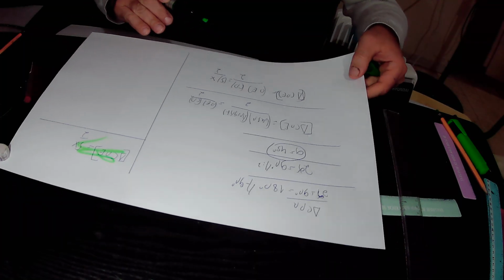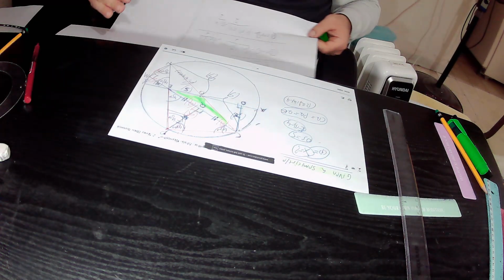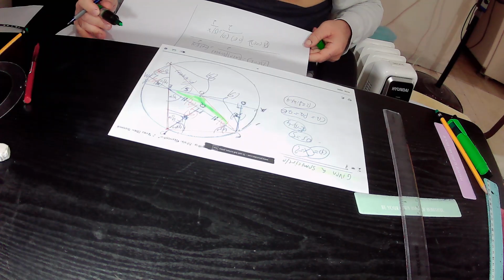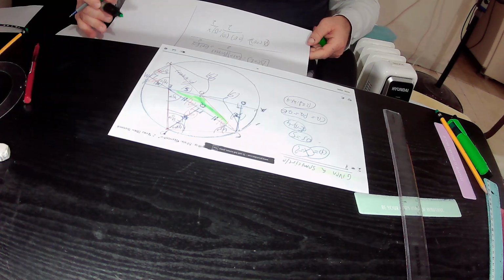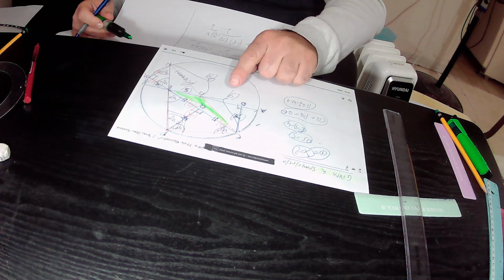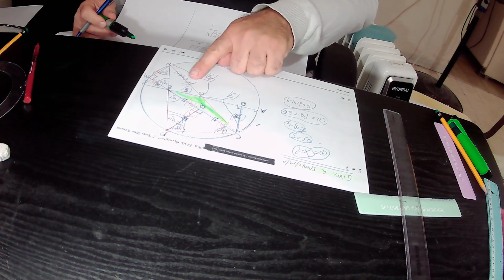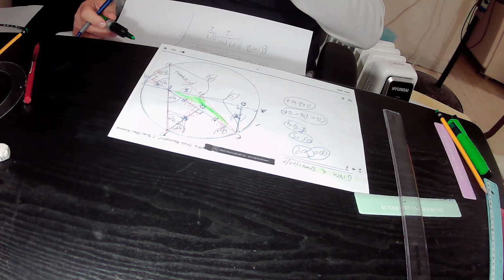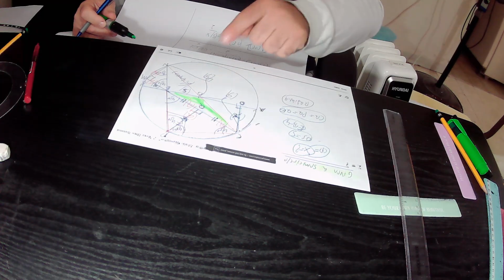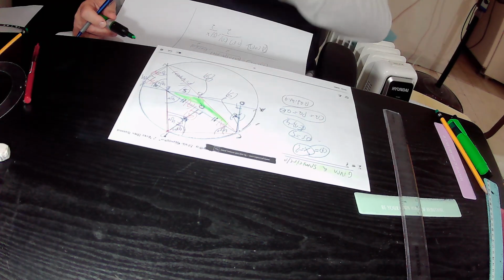Likewise, calculate the area of this right triangle OEN. What is the area of this right triangle OEN?